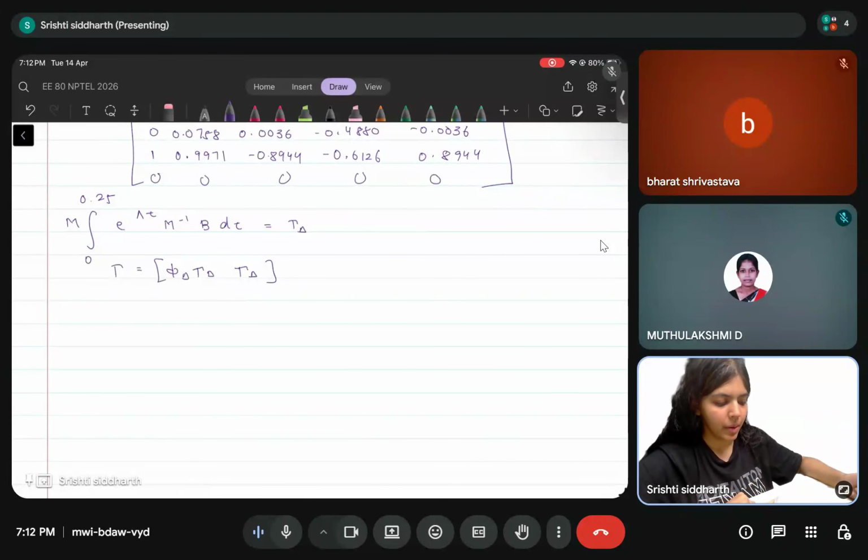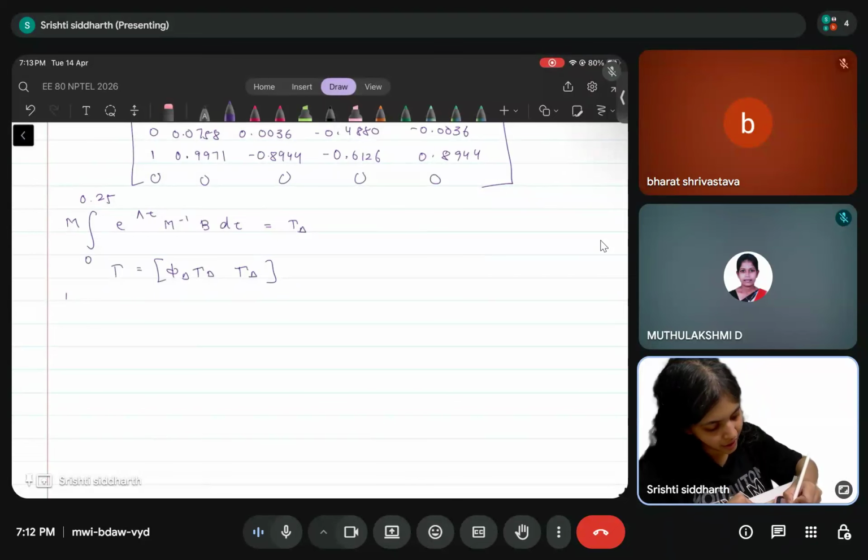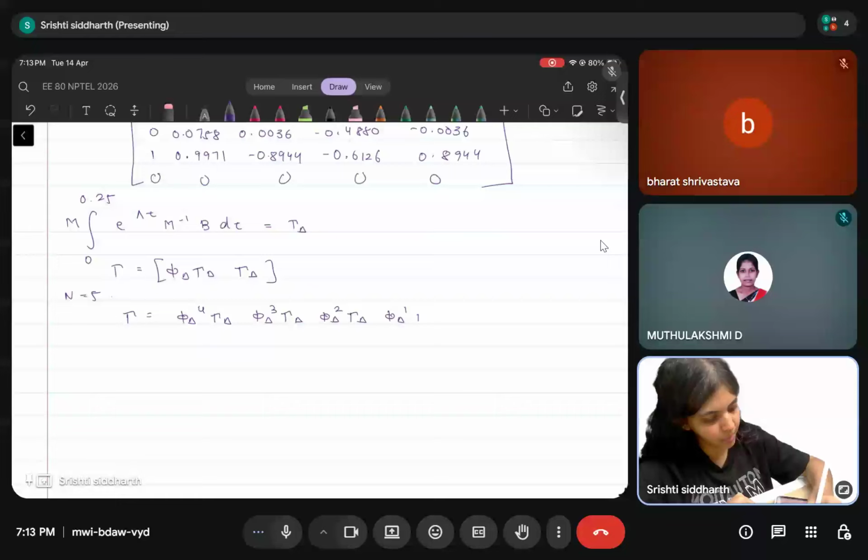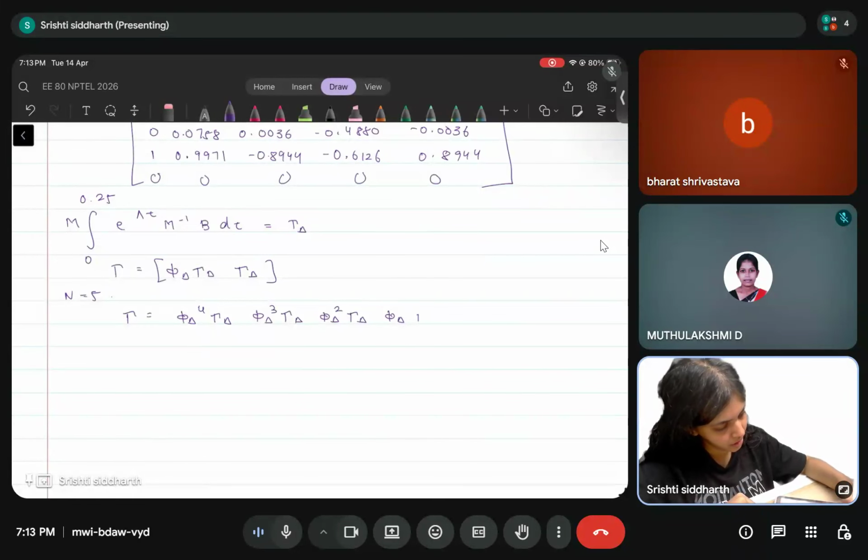So I think there's a similar question in the assignment in which you have to find out gamma. And the value of n is, let me check. So n in that case is 5. So what would be gamma? So the general expression is phi delta to the power n minus 1, so this is 4, then 3, 2, simply phi delta gamma delta, and then gamma delta.